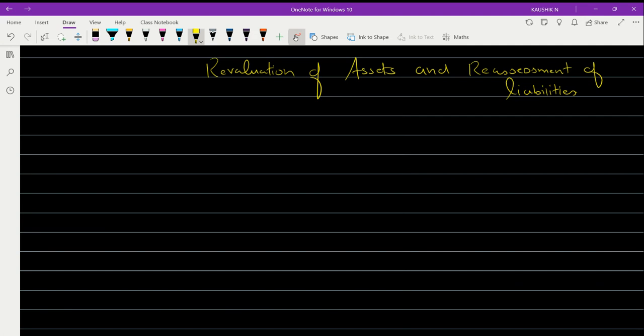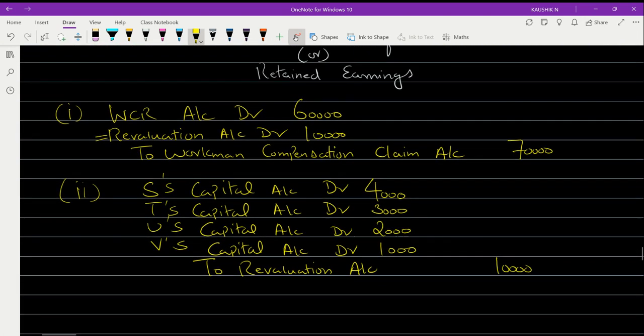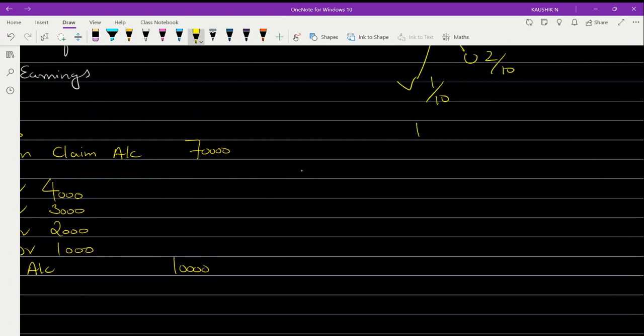Also, there is nothing in the question under the name of revaluation expenses. Then, how to open the revaluation account? That's very simple. There was one adjustment with respect to your WCR, where you have got revaluation. Since the revaluation account appears in your journal, you have to open the revaluation ledger.